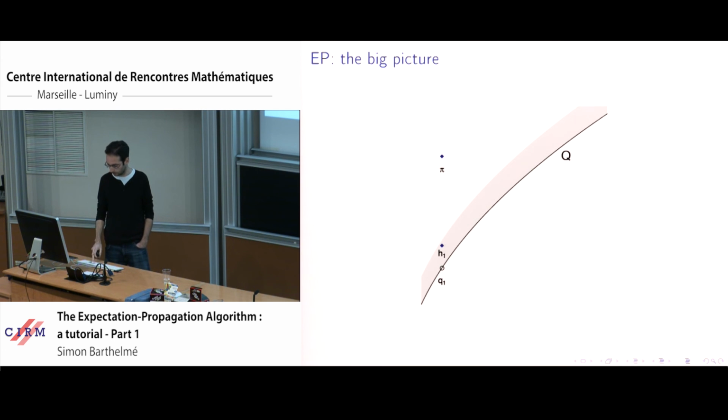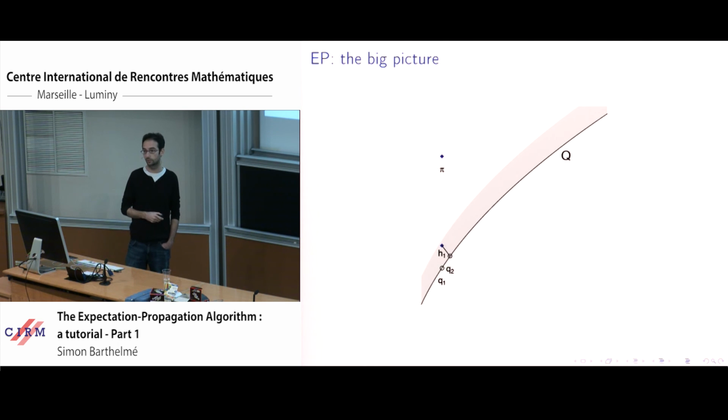So what you do is introduce hybrids between the initial approximation and your target distribution, and the hybrid is within the space of tractable distributions. You interpolate between the two, project back to the space of Gaussians, and that is your new approximation, call it Q2.